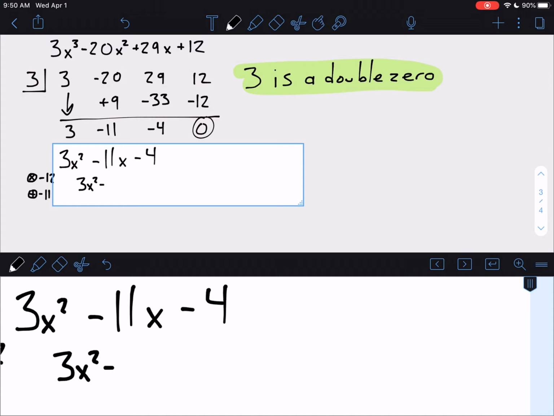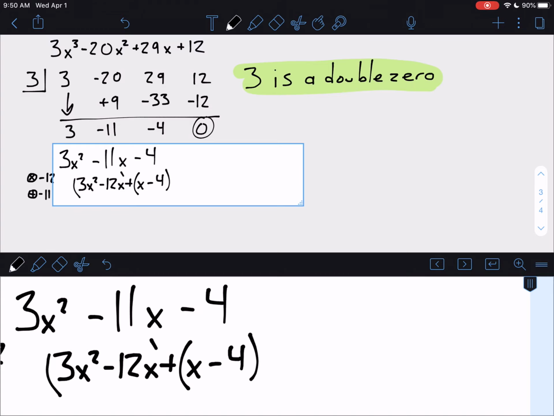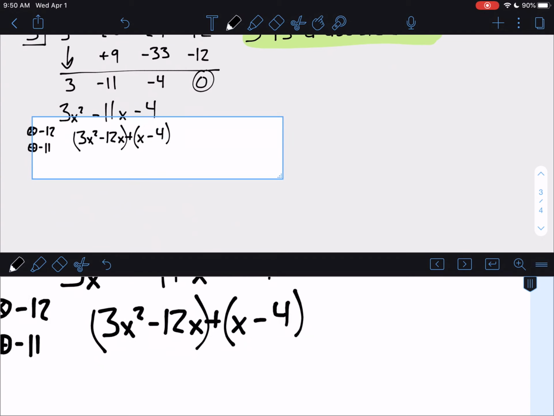So 3x squared minus 12x plus x minus 4. I'm going to factor out the GCF. So between 3x squared and negative 12x, I can pull out a 3x, and I'm left with x minus 4.